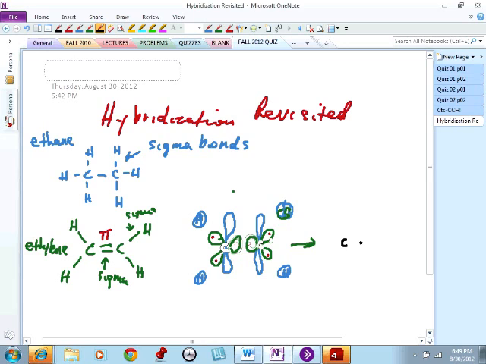So you have this carbon and this carbon, with the sp2 hybridized orbitals overlapping, and then you have the p orbital perpendicular to those sp2 hybridized orbitals.